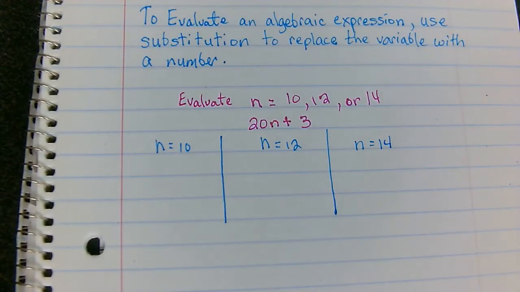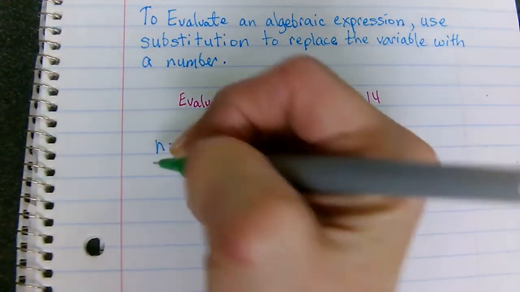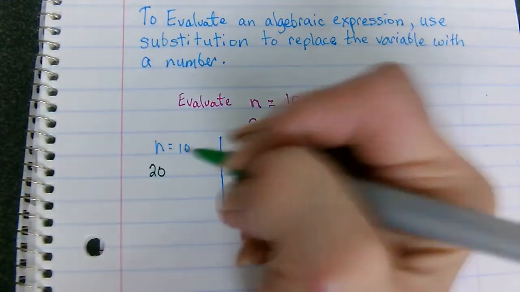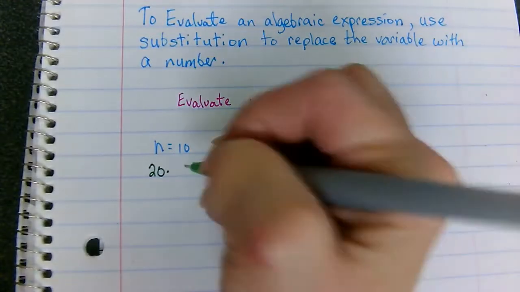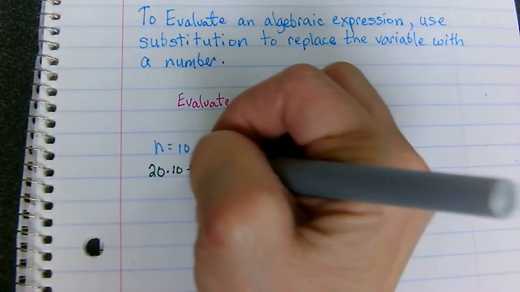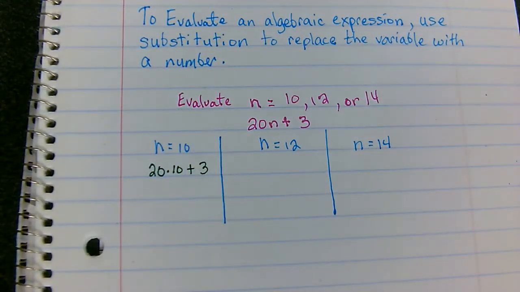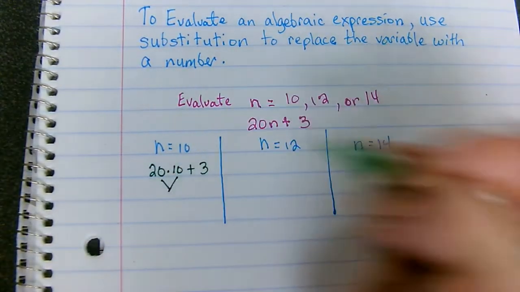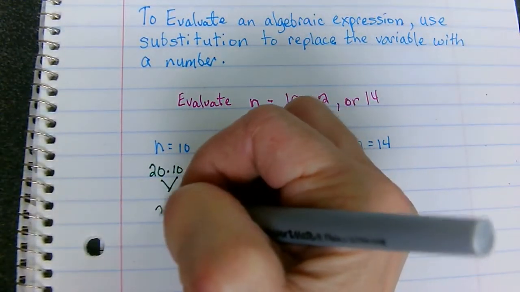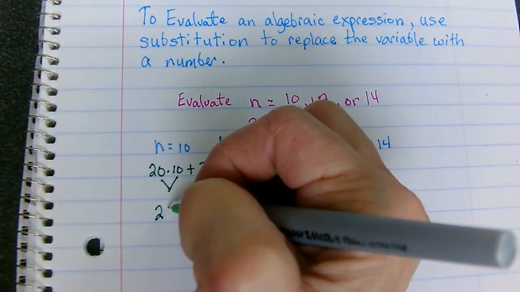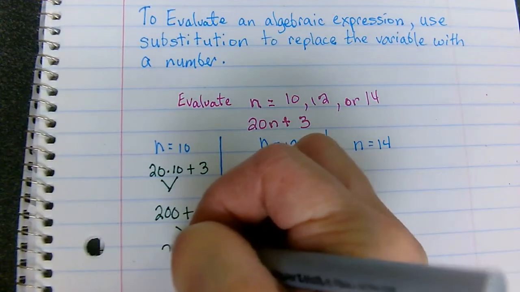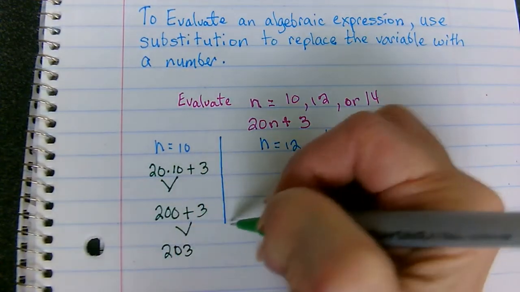First one, 20 times 10 plus 3. Alright, well 20 times 10, that is 200 plus 3, and that is 203.